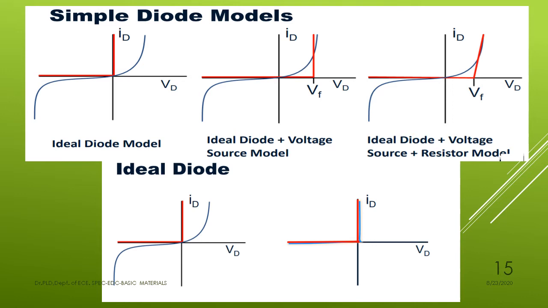That's why from 0 onwards, the red line shows the ideal diode characteristics model.